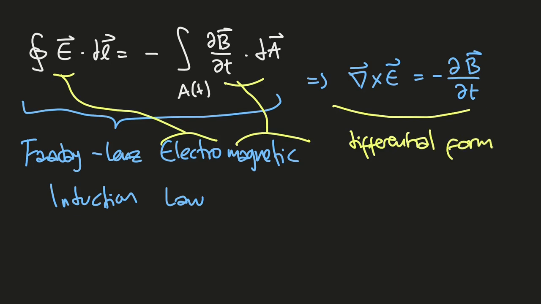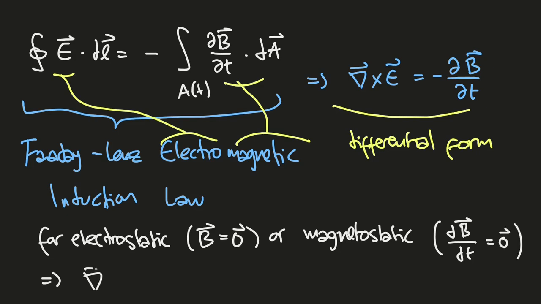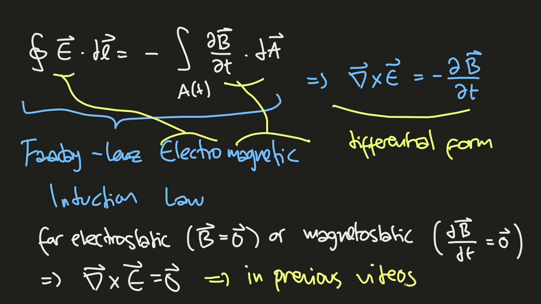In this result, we will see that for electrostatic, which is conditioned with a magnetic field, or magnetostatic, where the rate of change of the magnetic field with respect to time leads to zero, that leads us to nabla cross A equals the zero vector, which relates to previous videos. And in the end, this equation tells us that a magnet can create an electric phenomenon.